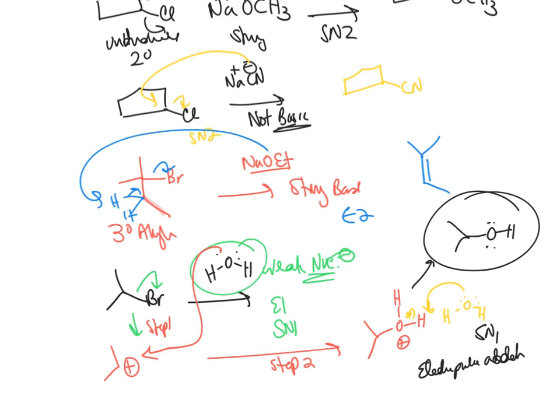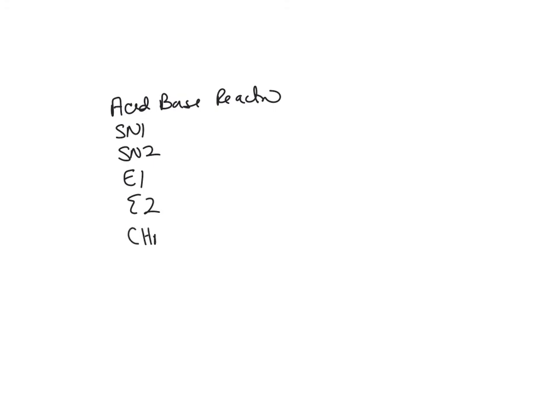So for your reaction sheets, you should have an acid-base reaction. Okay, so you can have some acid-base reaction examples. You should have SN1 examples, SN2 examples, E1, E2 examples. And then you're getting into chapter 8. Oh, you should also have, from chapter 4, a radical chain reaction example. So you take an alkane and you make an alkyl halide on it.